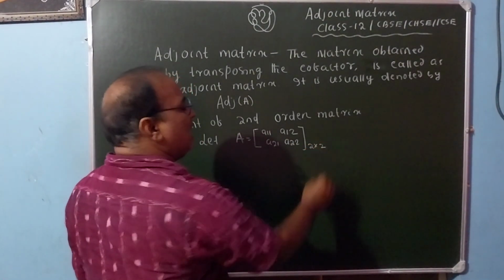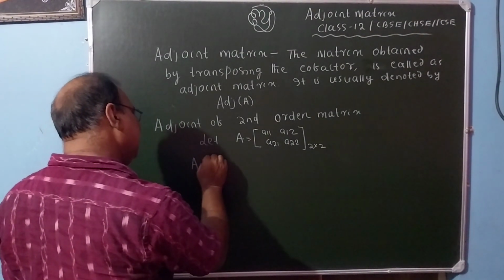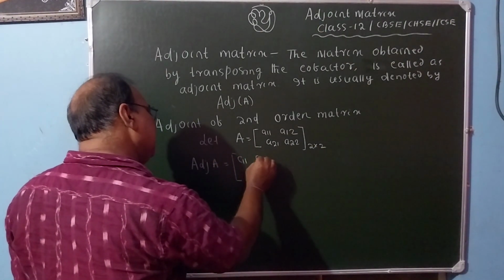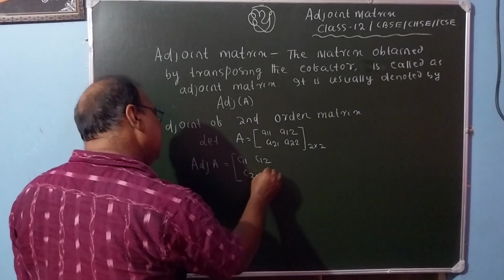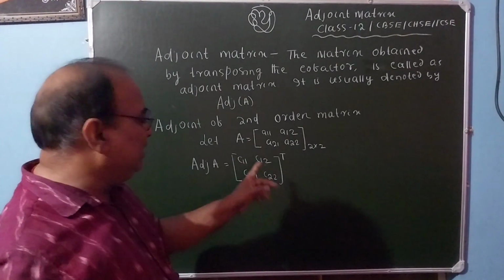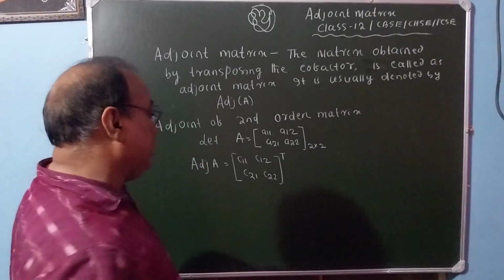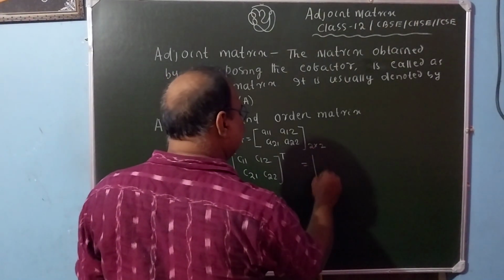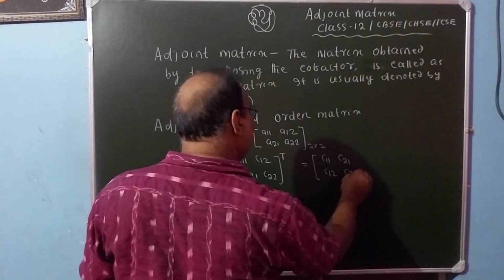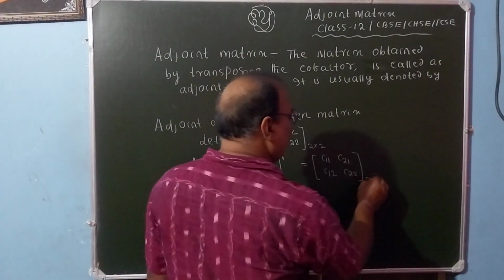Our aim is to find the adjoint of A. Adjoint of A means the transpose of the cofactors C11, C12, C21, C22. Transpose means rows are changed into columns and columns are changed into rows correspondingly. So that is C11, C21, C12, C22. This is the adjoint of a matrix of order 2 by 2.